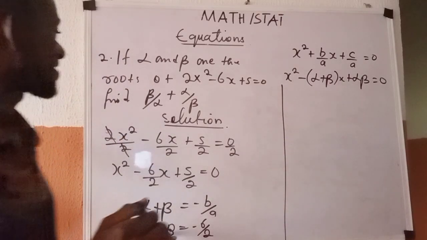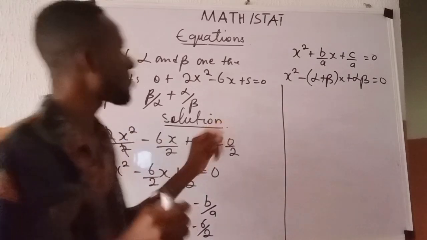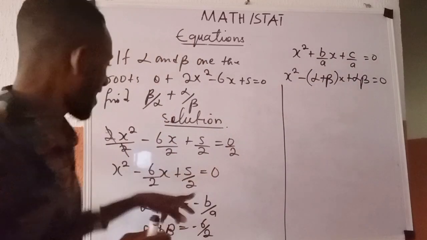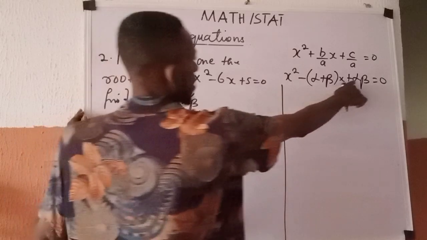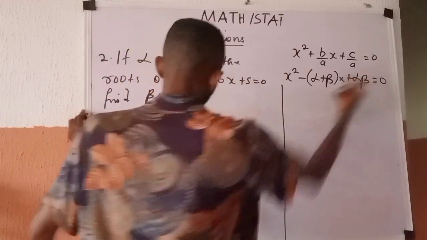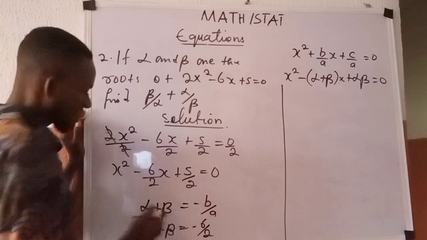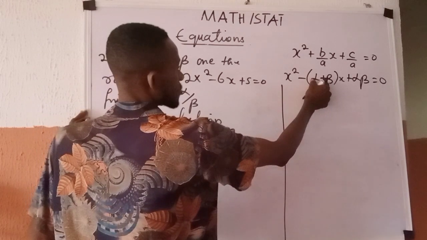Now, having gotten that this is given as this, we still move on ahead. Then we now come here. Here is my c all over a, and here is my 5 over 2. Of course, you know that when you come here, this alpha beta product is talking about this 5 over 2, because alpha plus beta is talking about the sum, which is what gave this one.